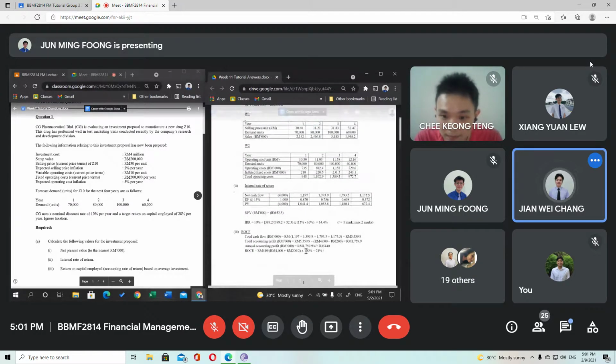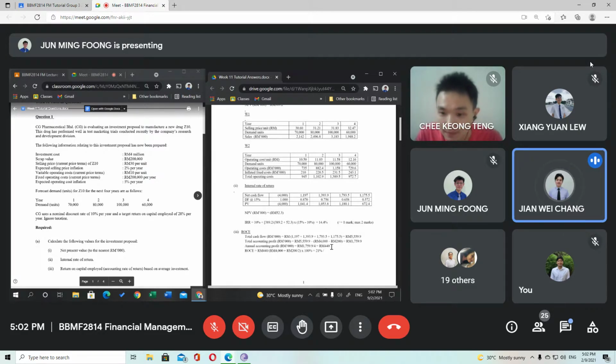Then we get 1,759.9 cents. Then we divide by 4 years, and we get the annual profit, which is 440 ringgit.